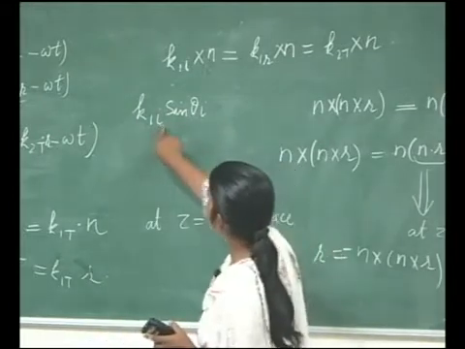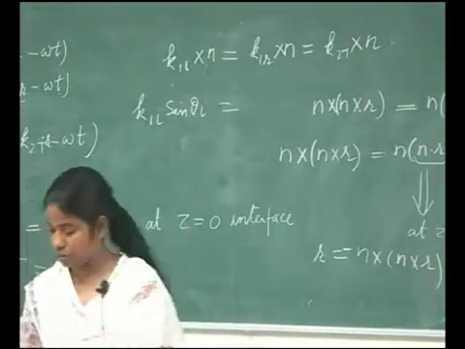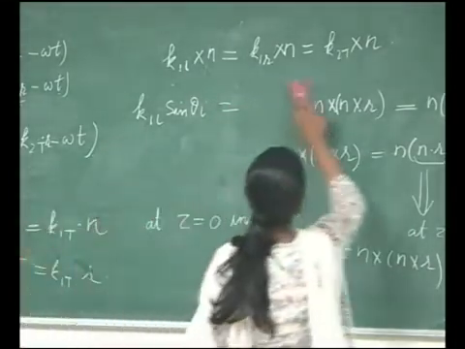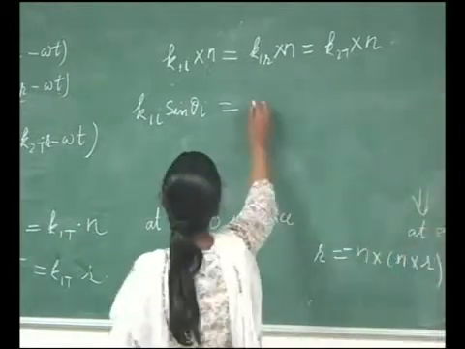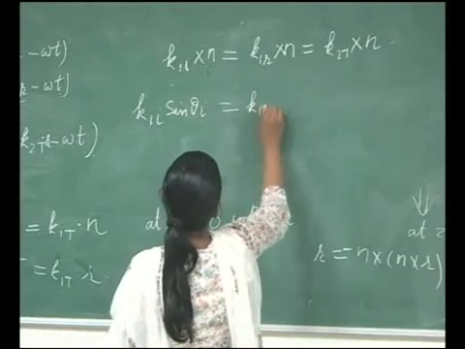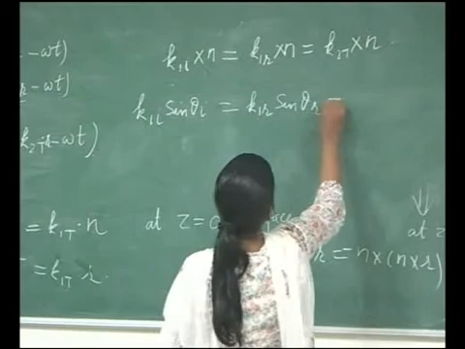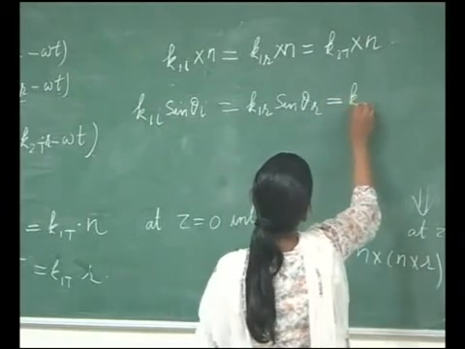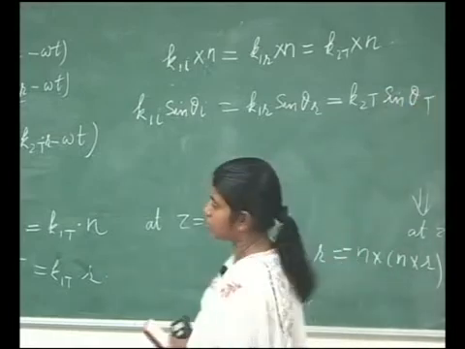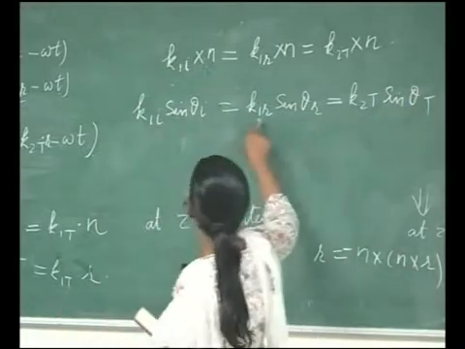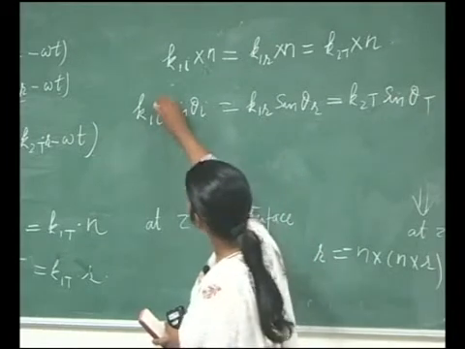So I will get k1i sin theta I is equal to k1r sin theta r is equal to k2t sin theta t. Now the value of the propagation vector in the same medium will be equal.